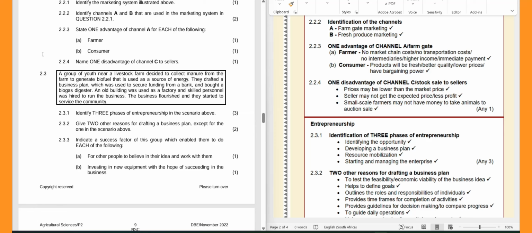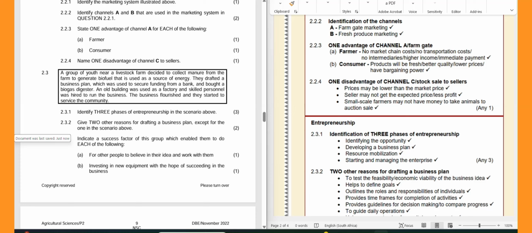2.2.4, name one disadvantage of channel C to sellers. One disadvantage of stock sale to the sellers: the prices may be lower than the market price. The seller may not get the expected price.